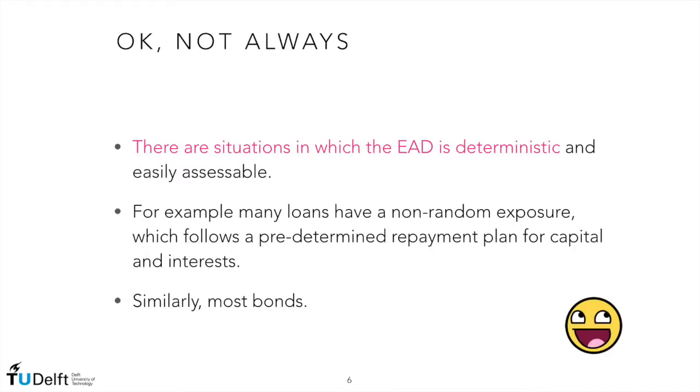Naturally, there are situations in which the EAD is deterministic. For example, in most bonds or loans, where exposure is not random, but follows a predetermined repayment plan for both capital and interests.